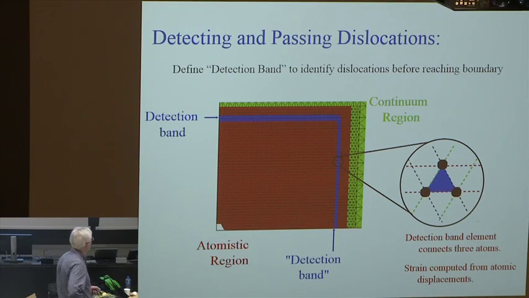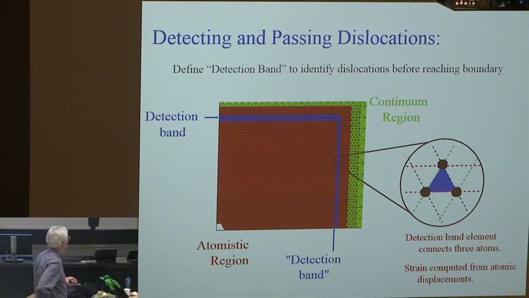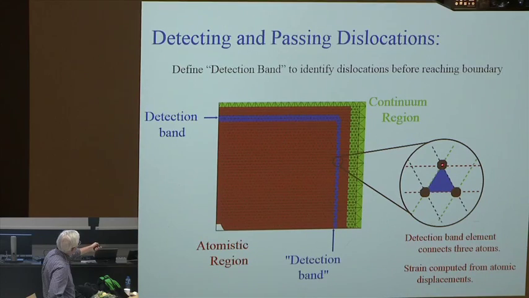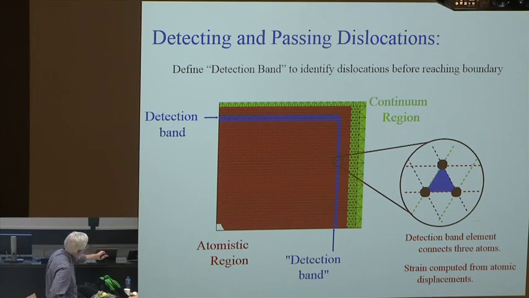So the way we do that is to first find the dislocations and then toss them over the fence to the continuum side. And you do that by, here in the atoms, we have the atom positions. And we know that dislocations coming along correspond to shearing along this plane or this plane or this plane.